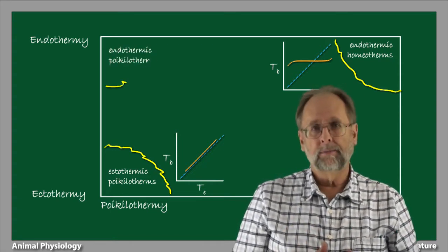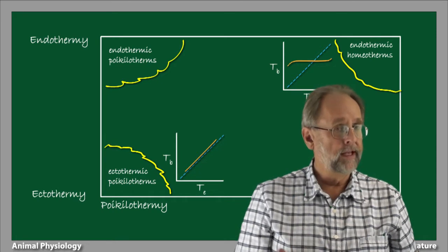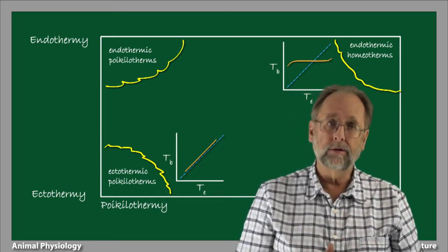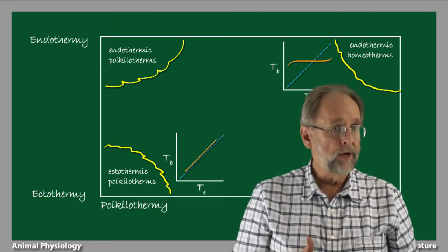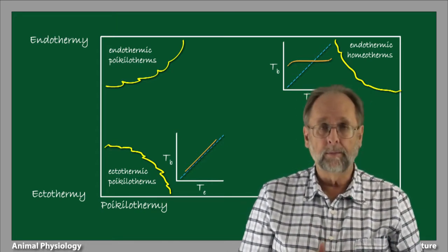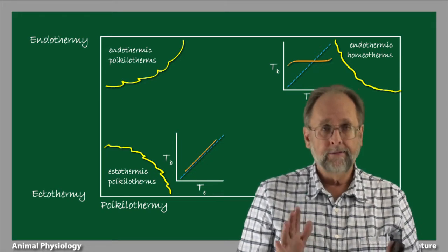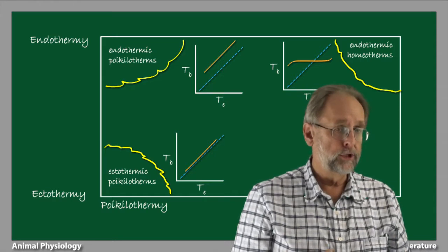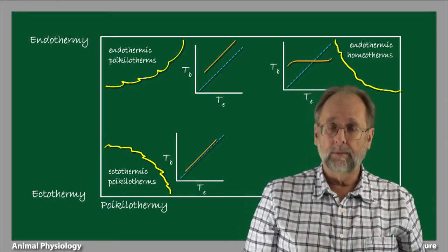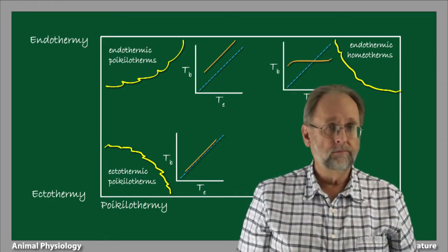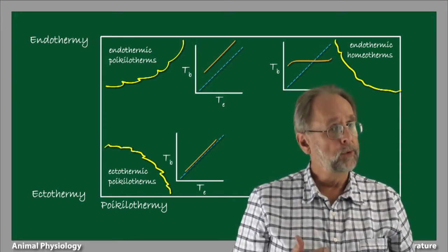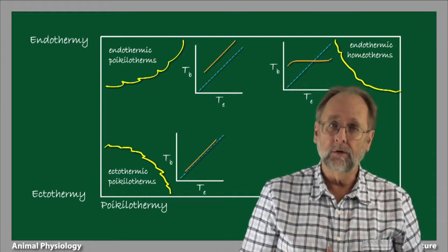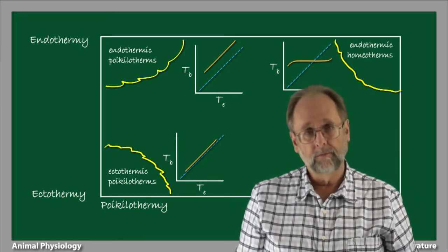Up here in the upper left corner, for example, we have endothermic poikilotherms, that is, animals that generate a lot of heat internally, but nevertheless have body temperatures that vary with environmental temperature. If we plot out what the covariation of body temperature and environmental temperature should look like, the body temperature will track environmental temperature, just as occurs in the ectothermic poikilotherms, but now the body temperature sits at some value above environmental temperature.